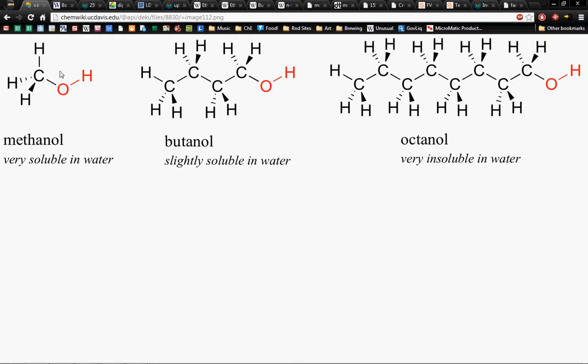So the reason why this one is more soluble in water is just because about 1/4 of the molecules attached to the carbon are essentially nonpolar. But 1/4 of them are polar, whereas with the octanol you have many more nonpolar, and only one small section is polar.